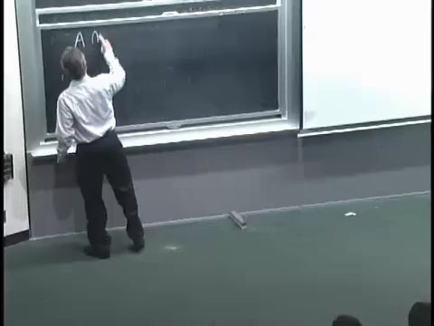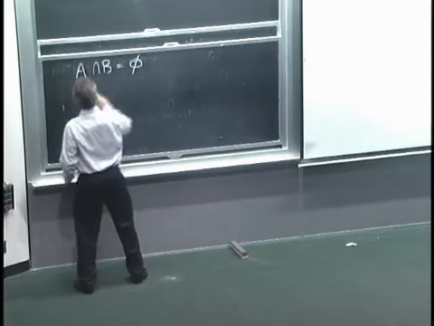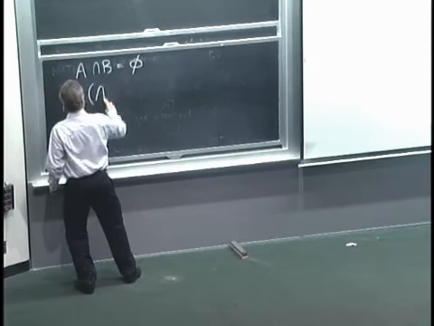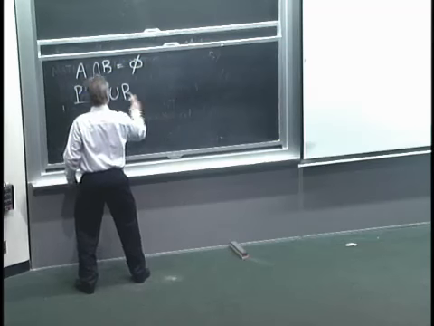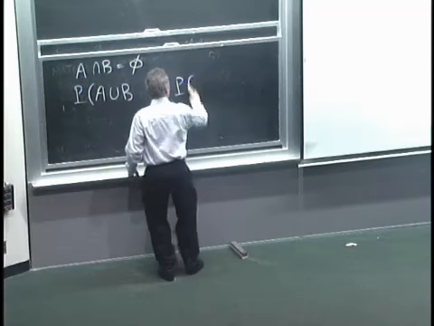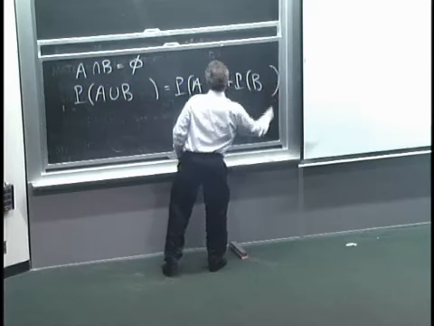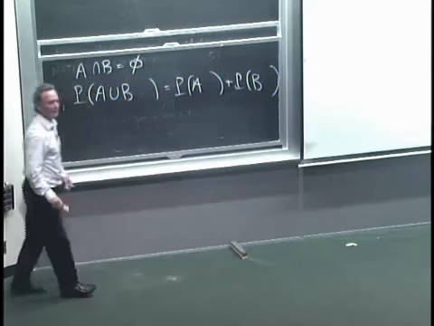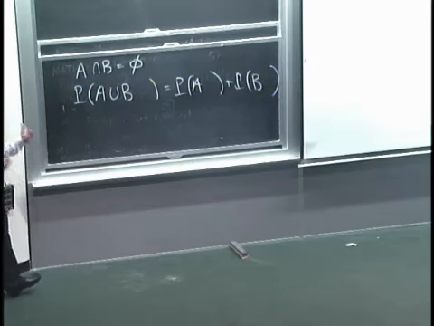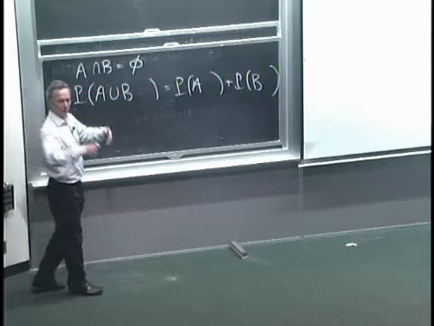So for example, if A and B are disjoint events, then we know that the probability of A union B is equal to the probability of A plus probability of B. And now if I tell you that a certain event C occurred, we're placed in a new universe where event C occurred. We have new probabilities for that universe.